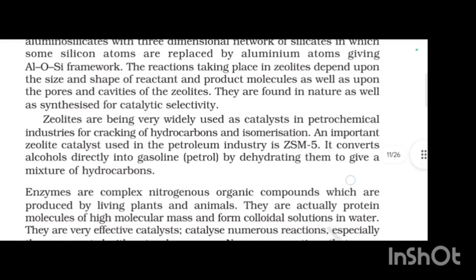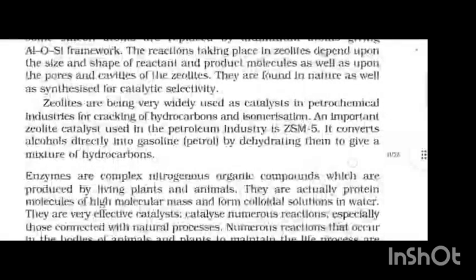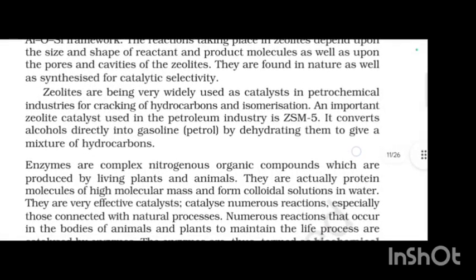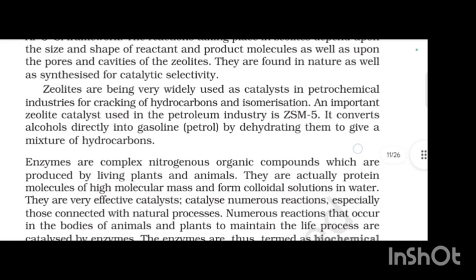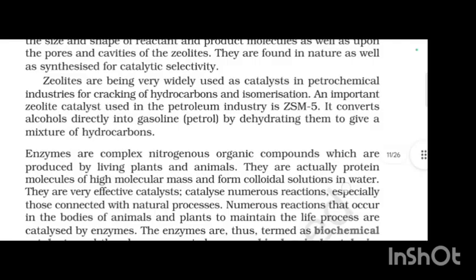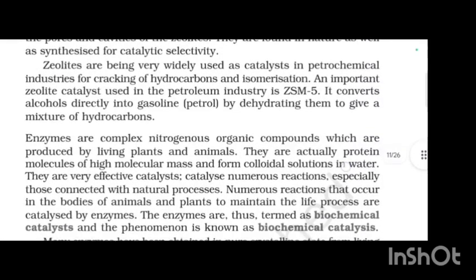The reactions taking place in zeolites depend upon the size and shape of the reactant and product molecules, as well as upon the pores and cavities of the zeolites. They are found in nature as well as synthesized for catalytic selectivity.